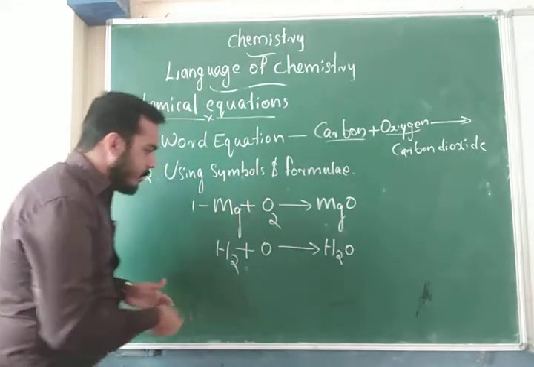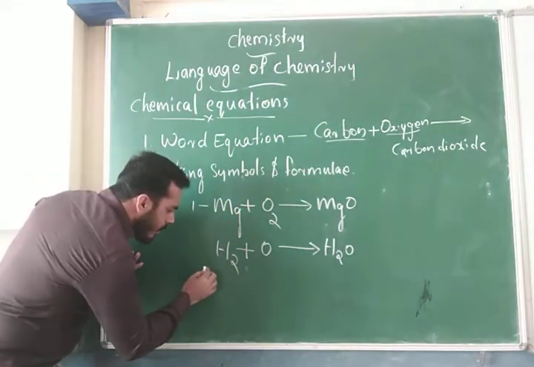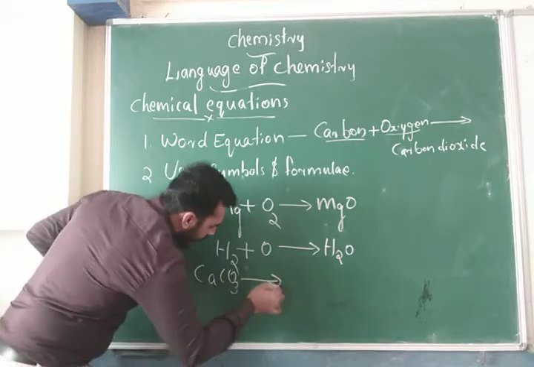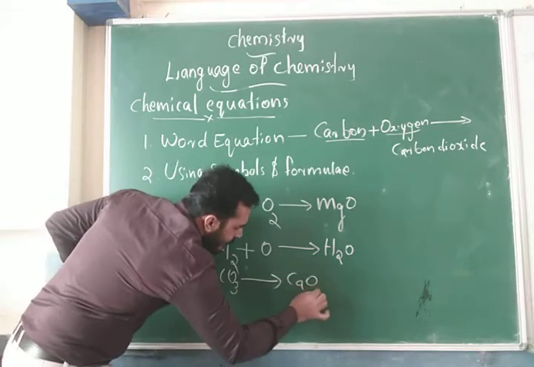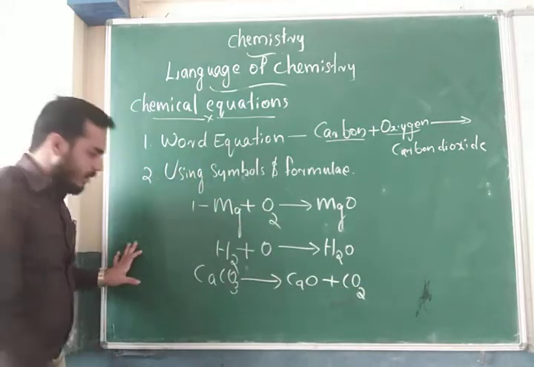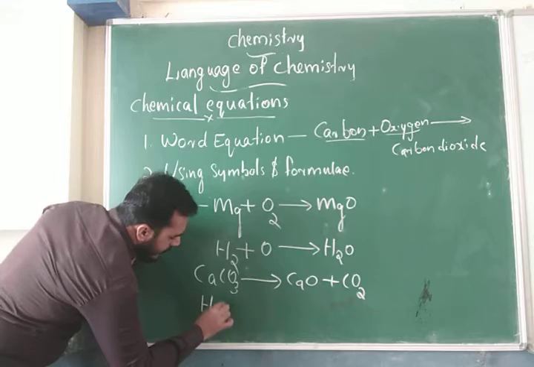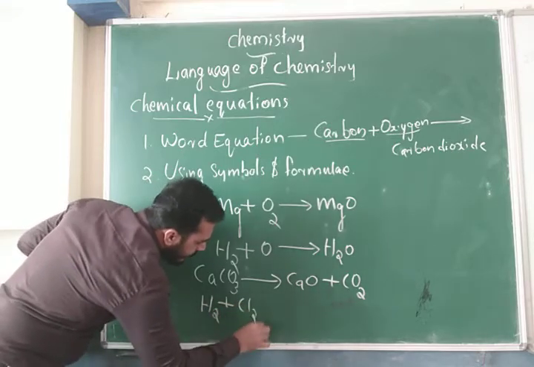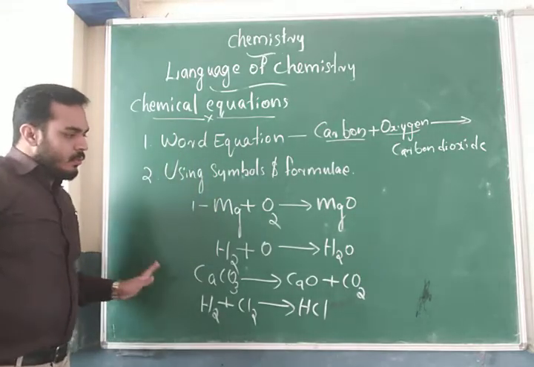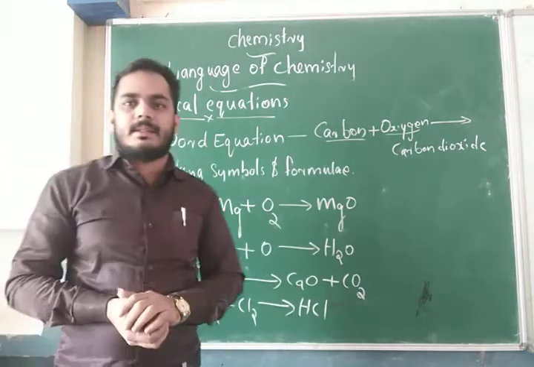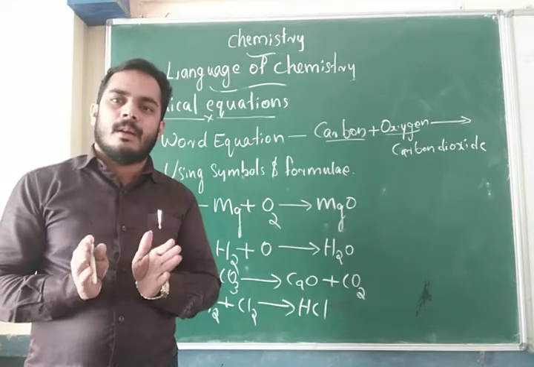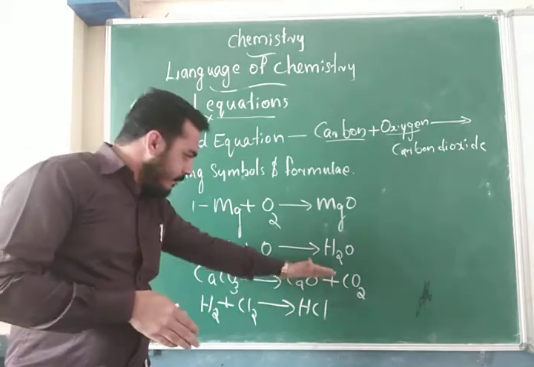The first one: CaCO3 breaks into calcium oxide plus carbon dioxide, and hydrogen plus chlorine reacts to form HCl. This type of reaction is called a chemical equation, using only symbols to make the formula.